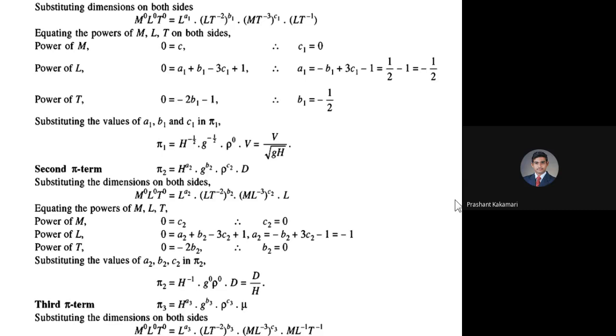Again, recall the pi term fundamental quantities, that is M0, L0, T0, equal to H, which is L raised to a3, then G, which is LT raised to minus 2. Please all of you observe whether the fundamental quantities are correctly taken or not.